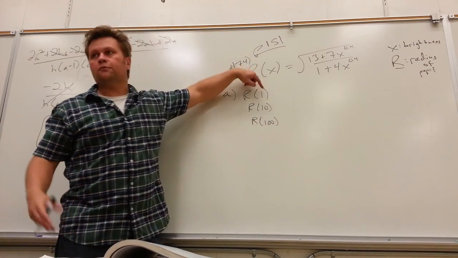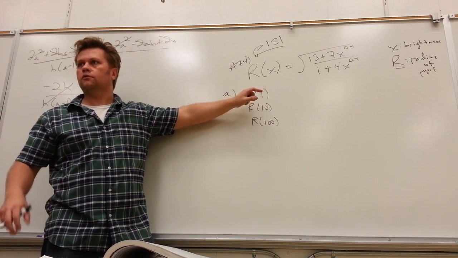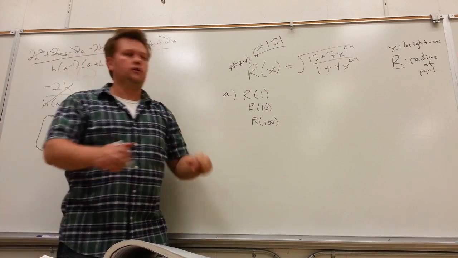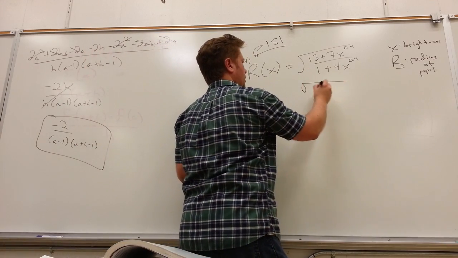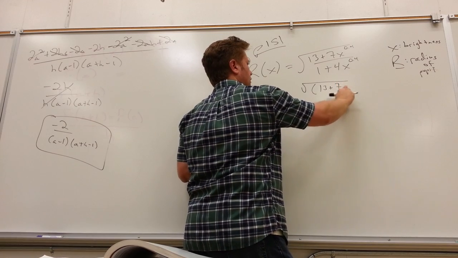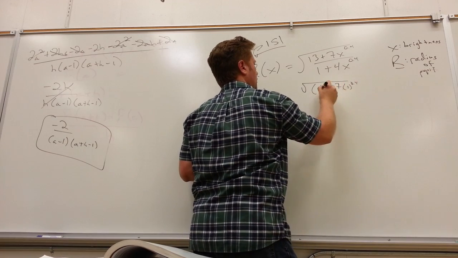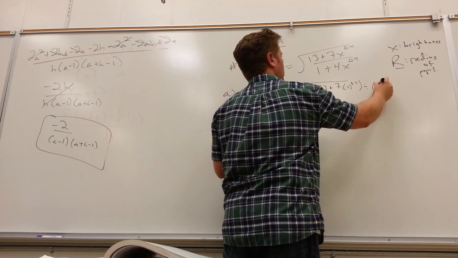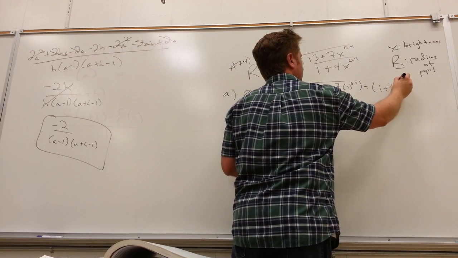So now for part A, what would you do? Yeah, just plug in 1. Just make sure you put it in the calculator correctly. On the calculator you would want to do square root of parenthesis 13 plus 7x, so 1. And then you'd actually have to have double parentheses so it knows what the bottom is.